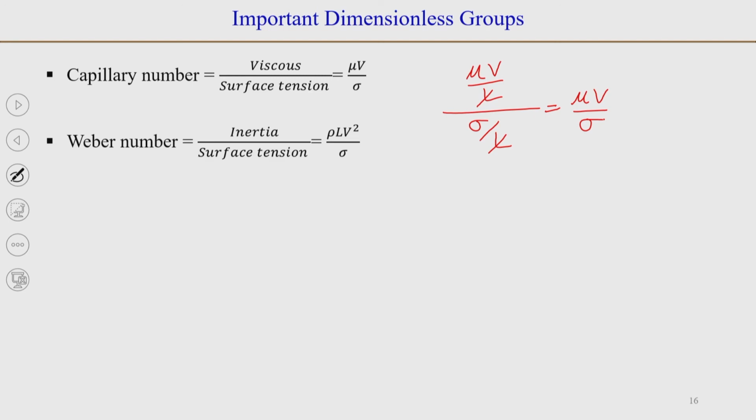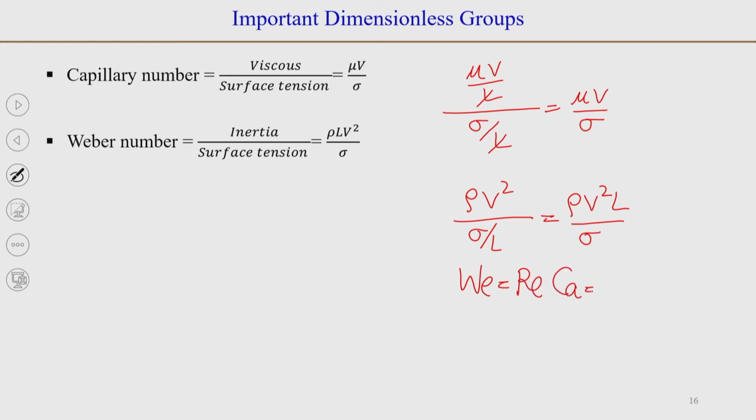Another term which compares surface tension is Weber number, which relates it with inertia. So, inertia rho v squared and surface tension sigma over L. So, we will have rho v squared L over sigma.